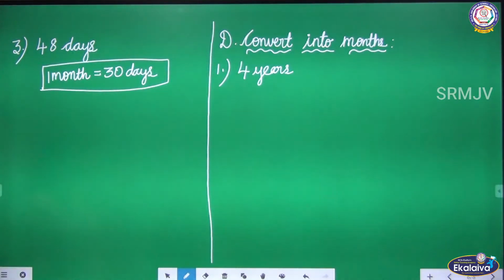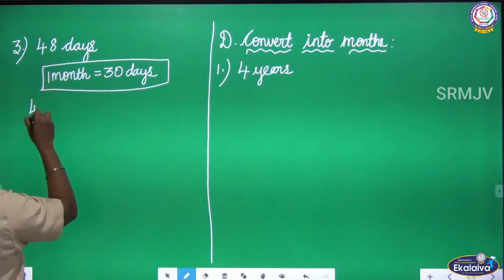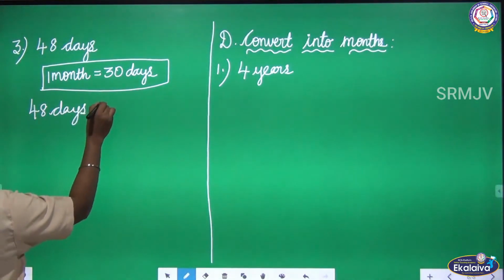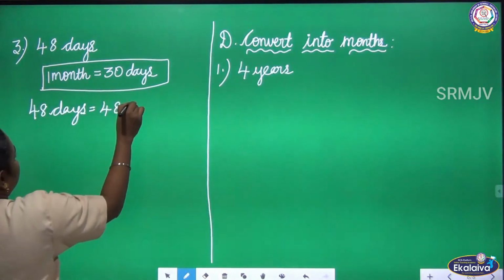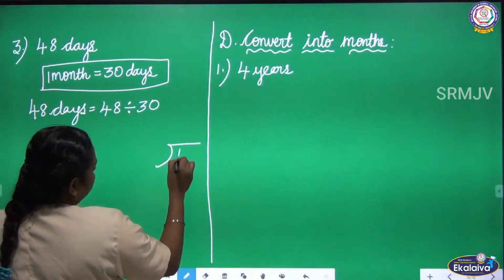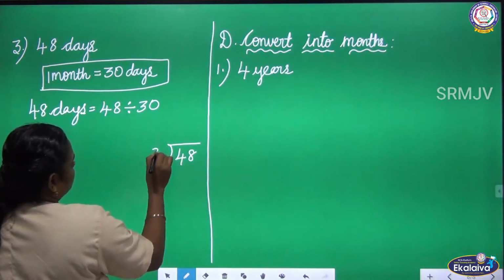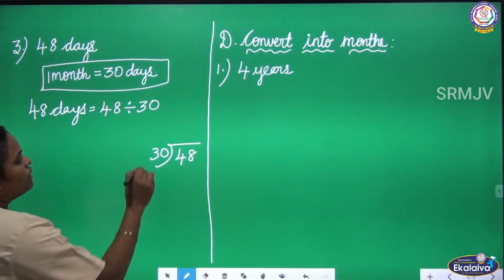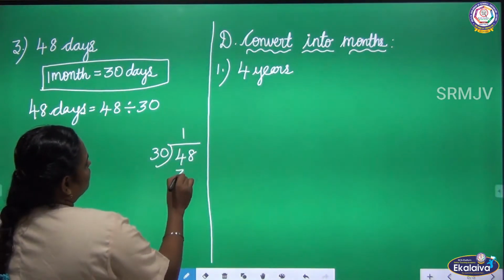So 48 days equal to, we have to divide it by 30. So if you divide by 30, we have to take 2 digits. How many times, children? 30 ones are 30.